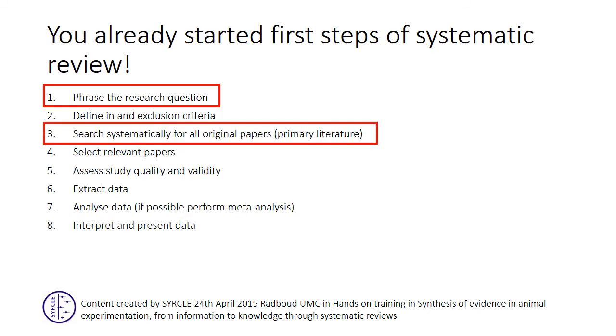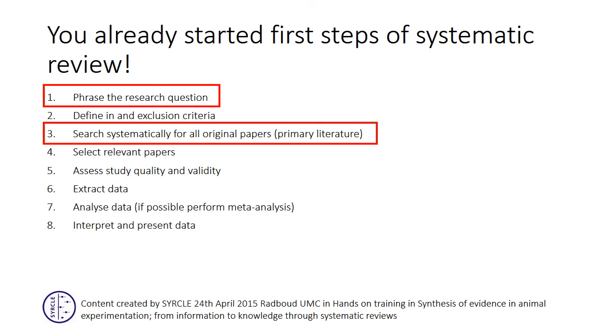In fact, if you phrase a research question correctly, and if you search systematically for all original papers, only primary literature with the exclusion of narrative reviews, it means that you are already performing the first step of a systematic review.